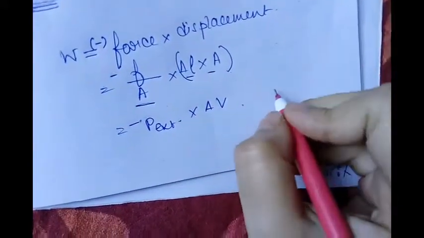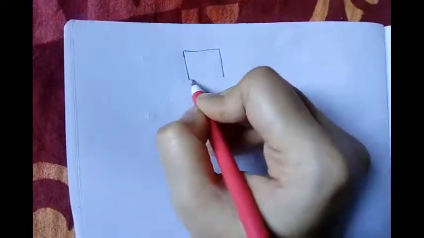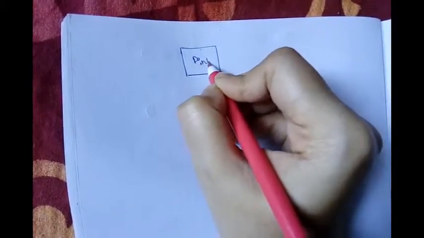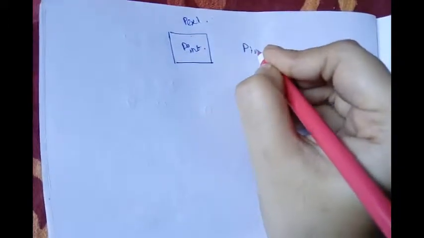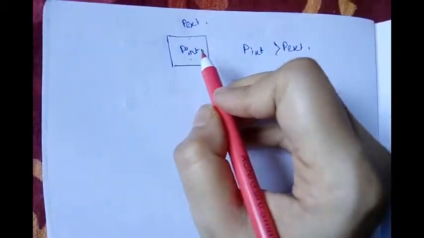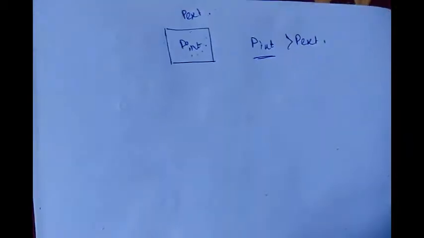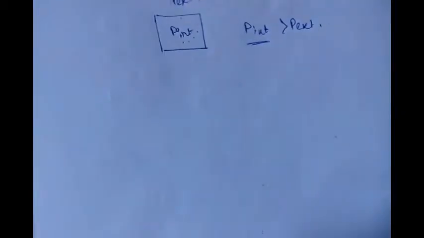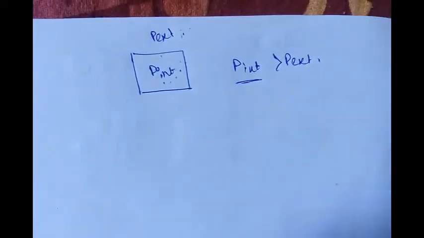Now when a system expands, suppose a system has pressure P internal and the external pressure is P external. If P internal is greater than P external, then the internal pressure wants to reduce to achieve equilibrium with P external. If P internal reduces, the volume will increase, as P and V have an inversely proportional relationship.